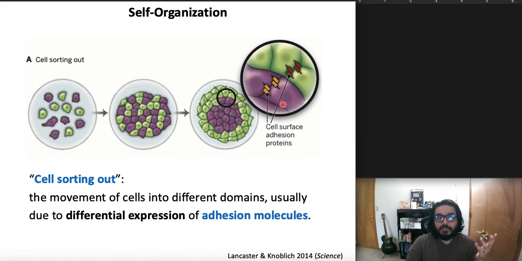Therefore, they can make certain types of structures if they're touching their own cell type, or form a different kind of structure if they're touching a different cell type. Okay? Again, totally intrinsic. Nothing the researchers are doing to make this happen. This is just what the stem cells will do on their own.